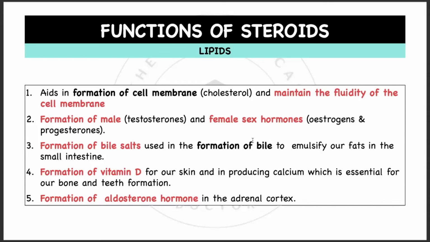Now, it also aids in the formation of male and female sex hormones, as I mentioned earlier: testosterone, estrogen, progesterone. They also help in the formation of bile salts, used in the formation of bile. Now, we know bile is actually used to emulsify our fats, to digest our fats, essentially, in the small intestine.